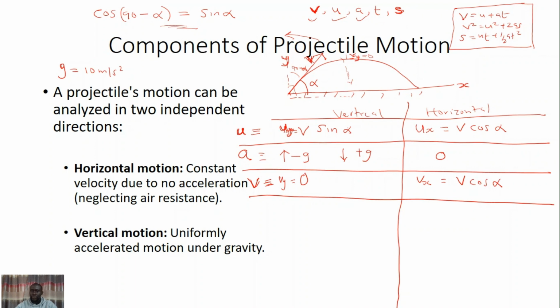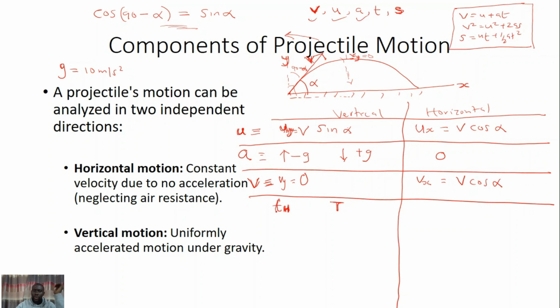And we usually consider the motion along the vertical axis for us to calculate the time to reach the maximum height, which I will call th, and the total time of flight, which I will represent with capital T.